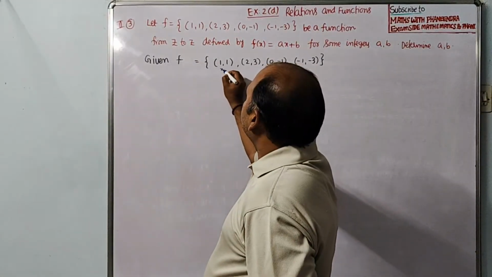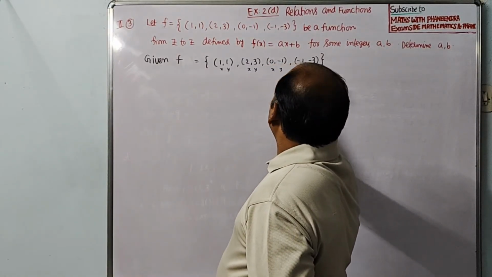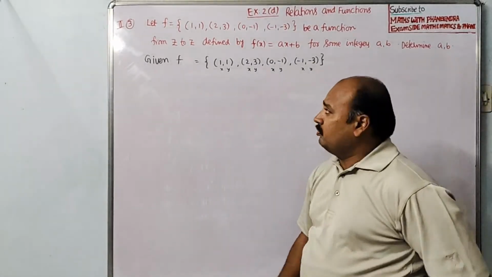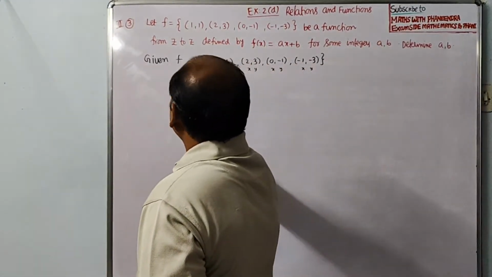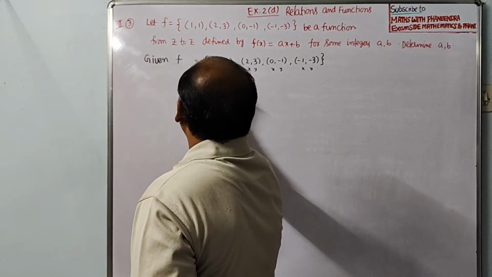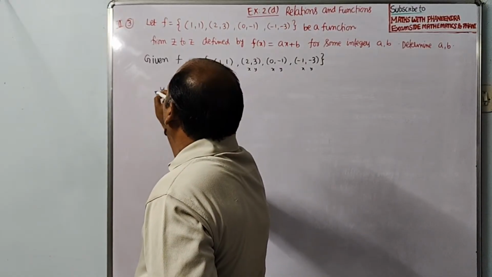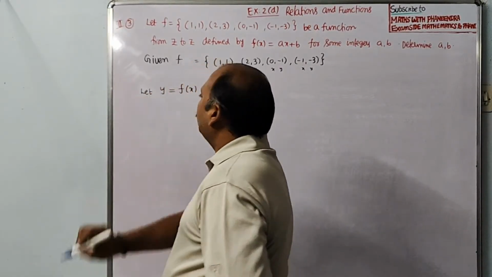So you can take this as x, this as y, ordered pairs x and y. F of x is equal to ax plus b, it is given. F of x means y.